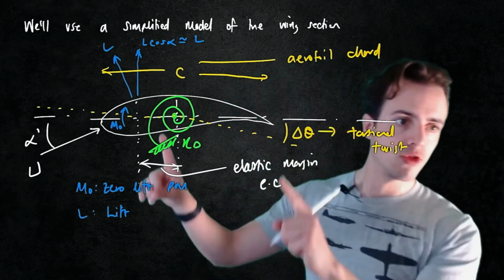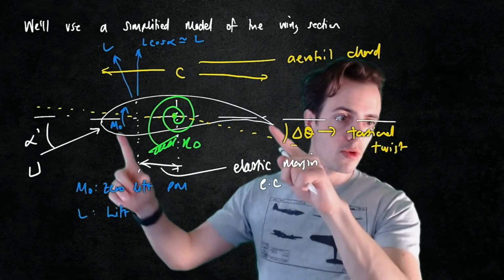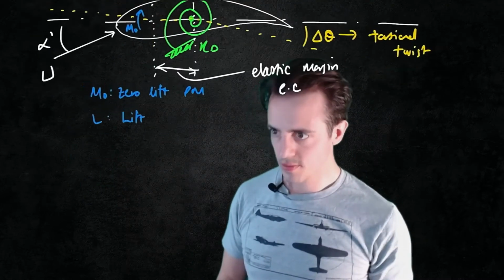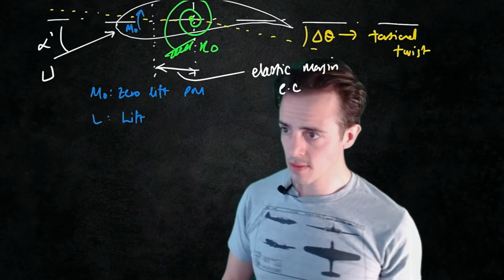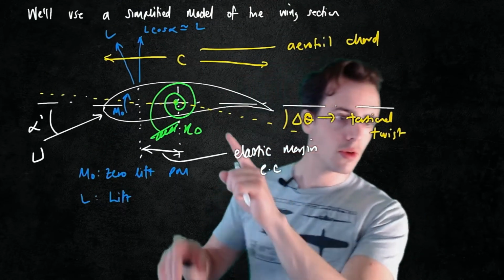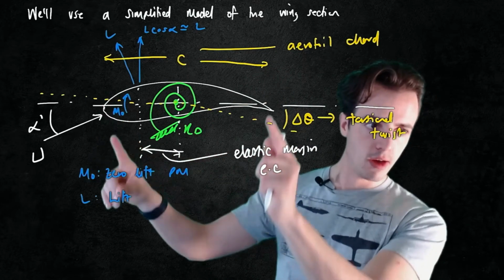So in the diagram here, I've drawn it with no torsional twist, but that would be the increase in incidence due to deflection about this central spring here. So we want to look at the moments about this point here, because this is the point about which the wing is going to have torsion.